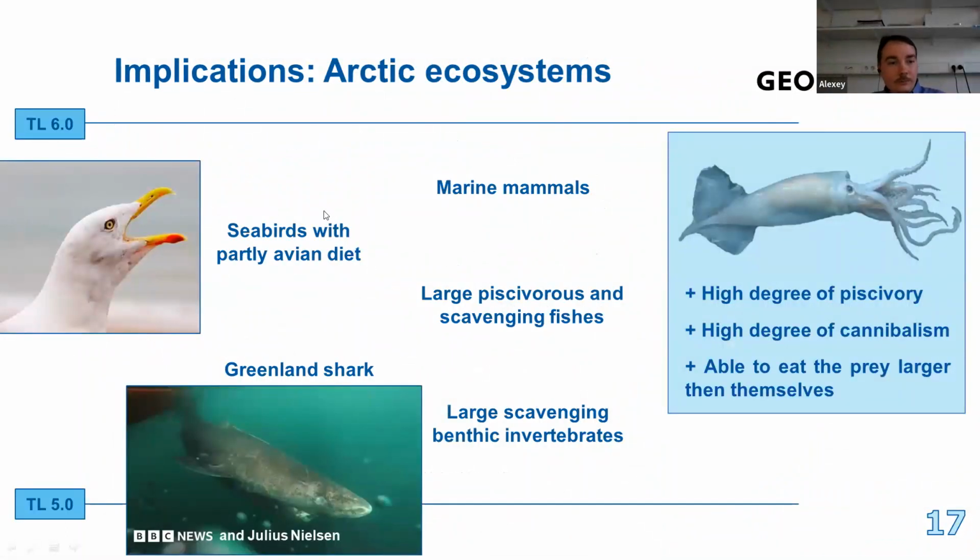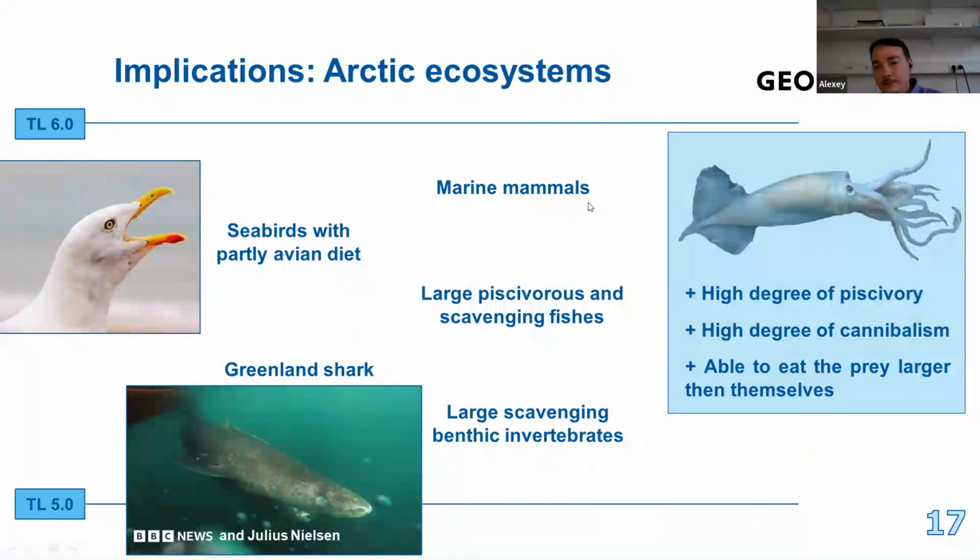So who are, let's say, colleagues of our Arctic squid at high trophic level, from 5 to 6, in Arctic ecosystems? We remember that Gonatus fabricii is 5.5. Who is also here?